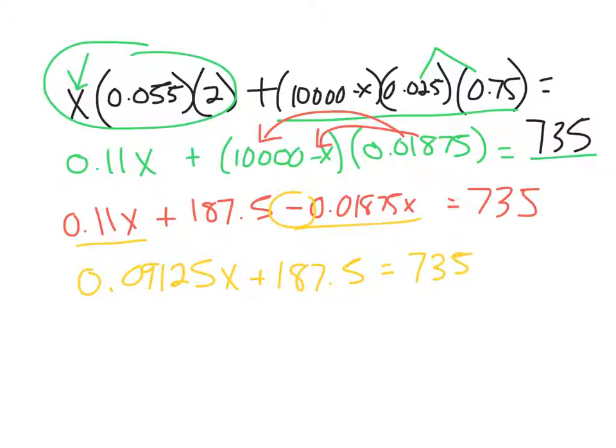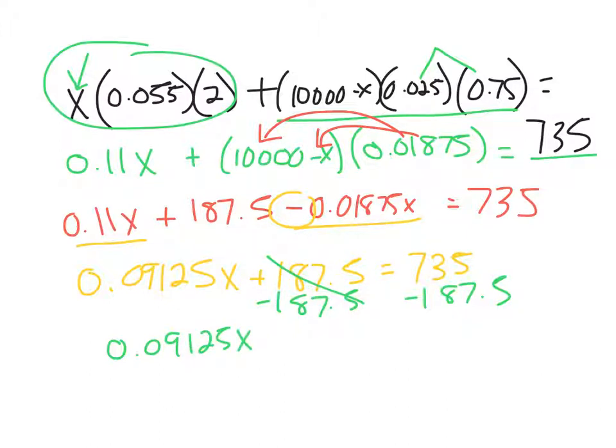Now you can see this is looking a little bit familiar. We know we're going to have to start moving things to the other side of the equal sign in order to get x by itself. So I can move that 187.5, since it's currently being added. I'm going to subtract it from the other side, 187.5. That cancels it out over here, leaving us with 0.09125x is equal to 735 minus 187.5, and that gives us 547.5.